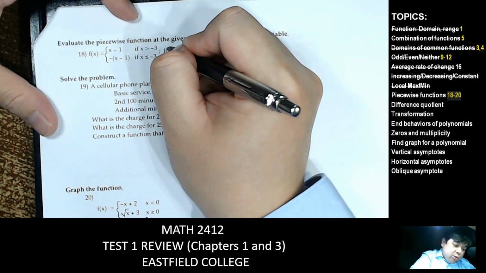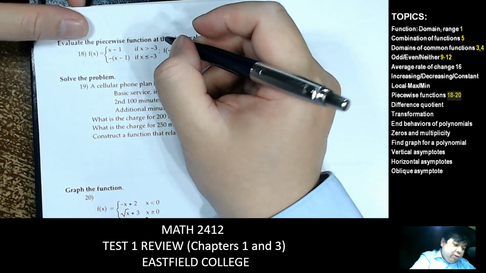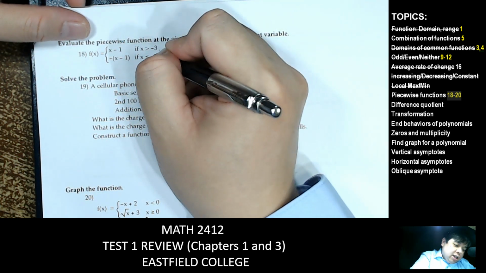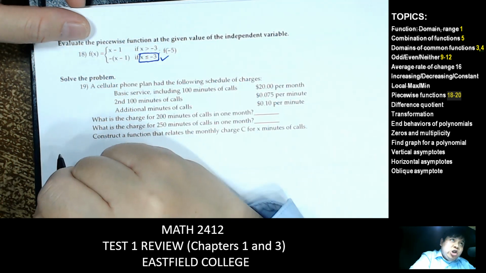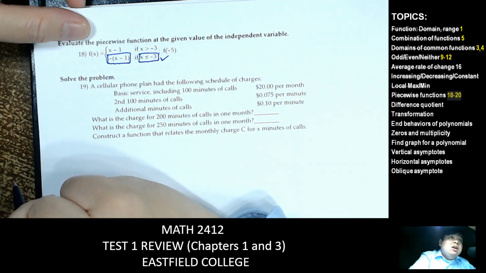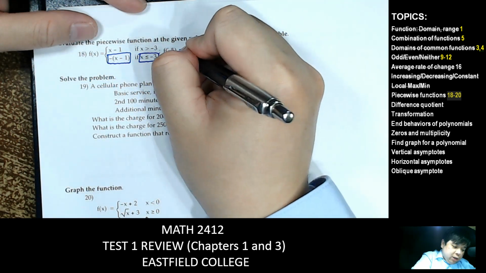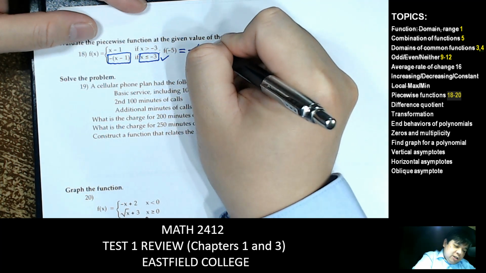We want the value of f of x when x equals -5, and -5 is less than -3. So this condition is checked, which means we use this part of the function. So that will be equal to negative, and now we put -5 in for x.